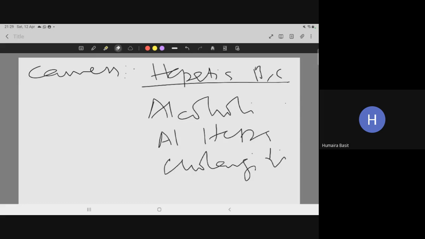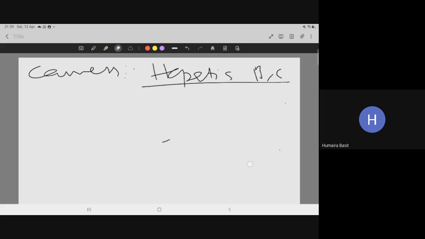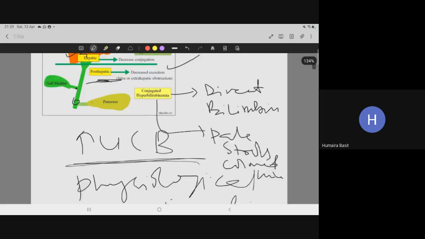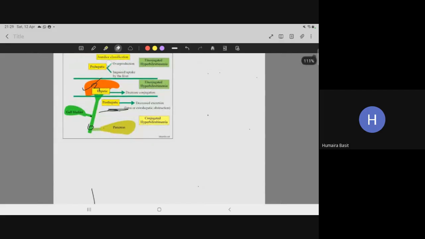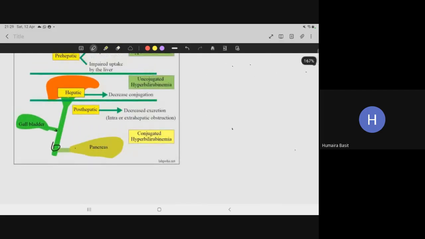These were your causes. What is the consequence of cirrhosis? Keep in mind that this liver has become cirrhotic, which means it has shrunken in size.